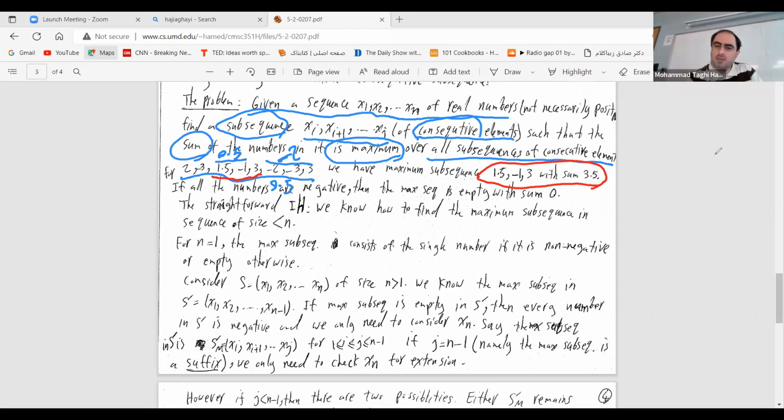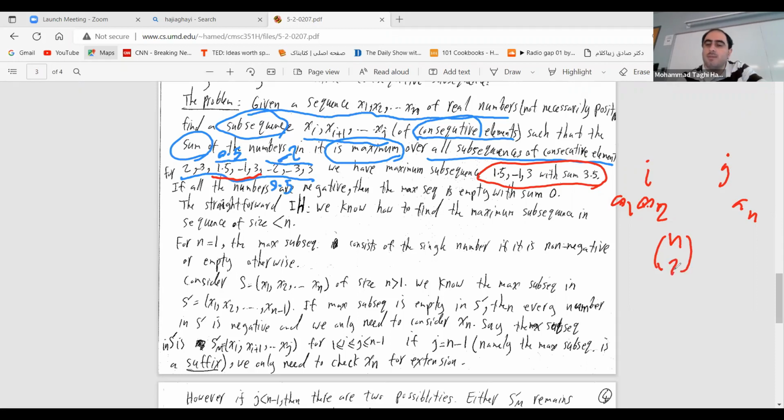If this sequence is given to you, I will call it A1, A2, to AN. You can essentially have some start I and some end J. How many I and J can we have? You have n numbers, and from n numbers you want to choose 2.